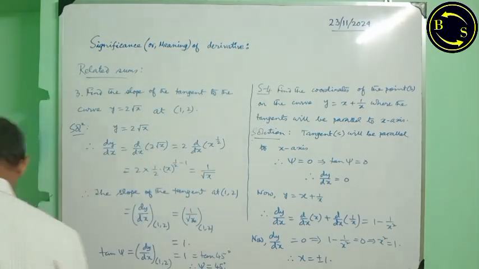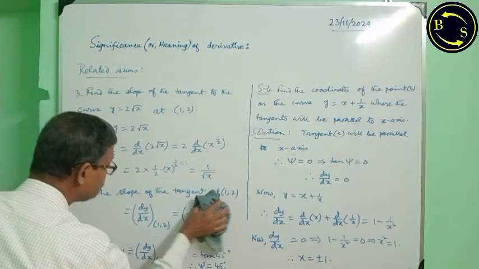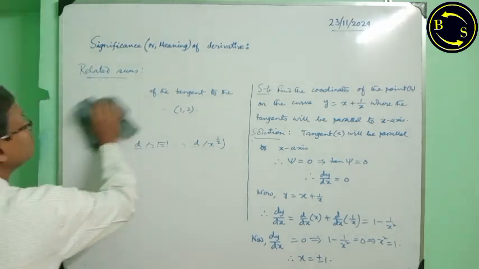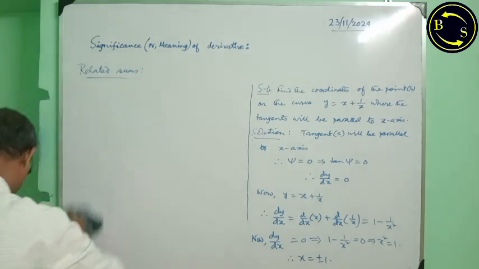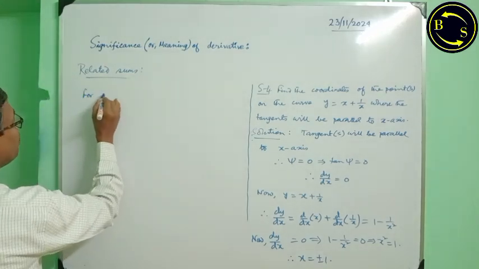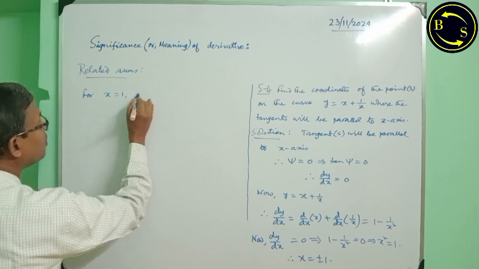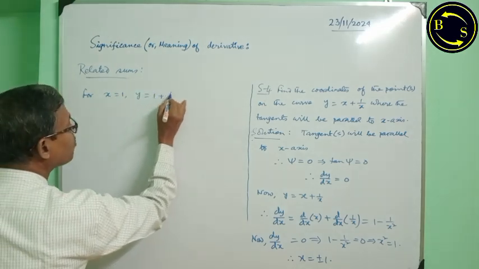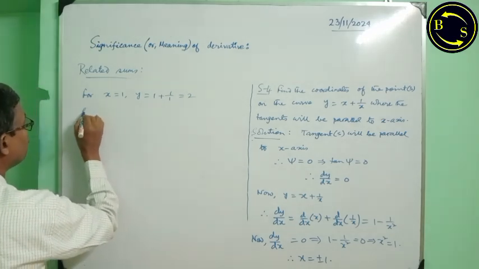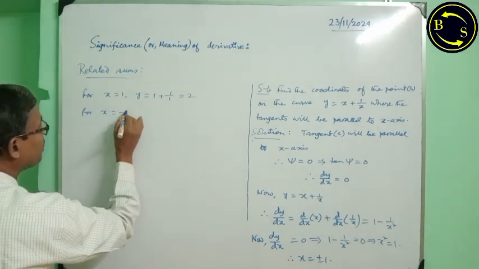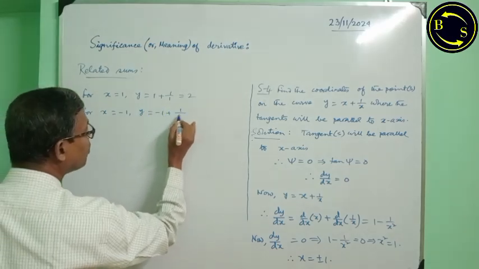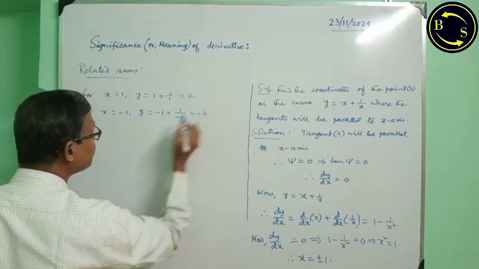Now, I drop this part to finish the sum. For x equal to 1, y is equal to 1 plus 1 by 1, that is 2. For x equal to minus 1, y is equal to minus 1 plus 1 by minus 1, that is minus 2.